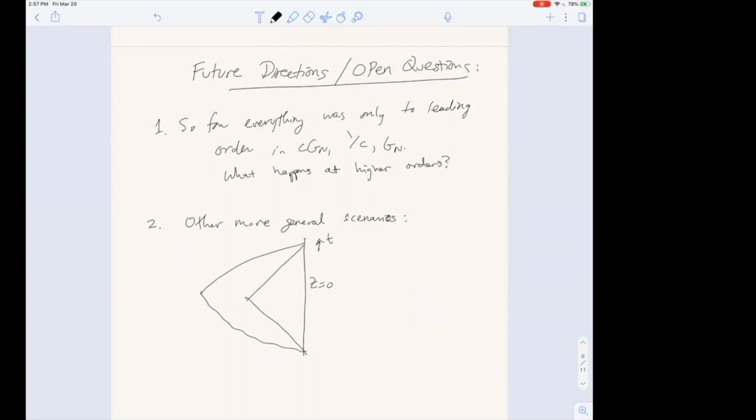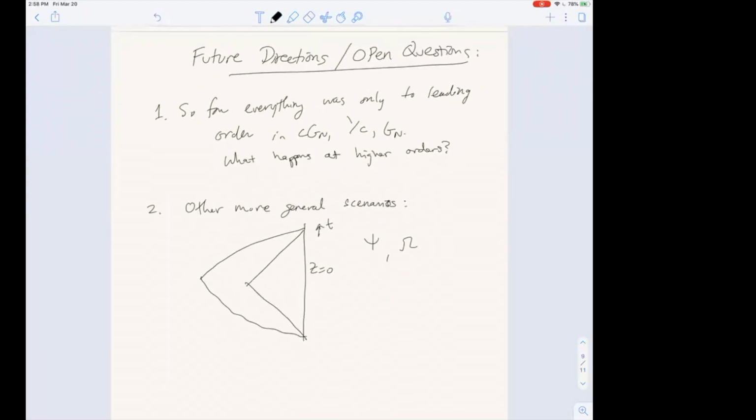Let's say they're macroscopically different. What is the analog of what I discussed today in this example? We think it still might have something to do with this cocycle flow between the excited state and the vacuum on this interval, but that's something we're still exploring.